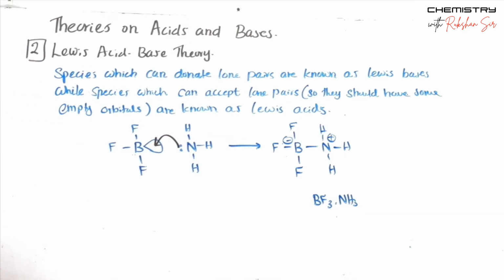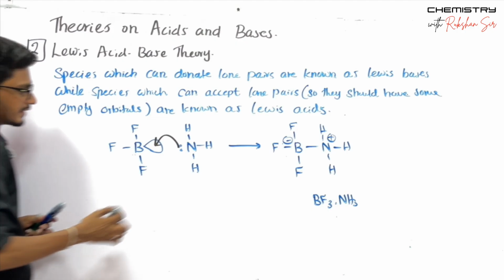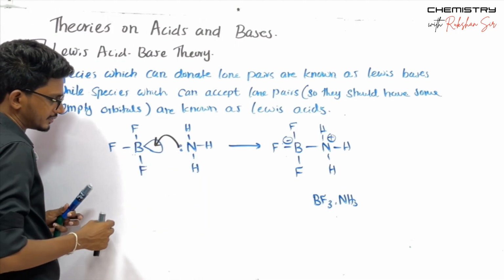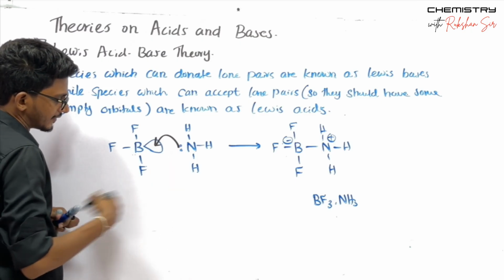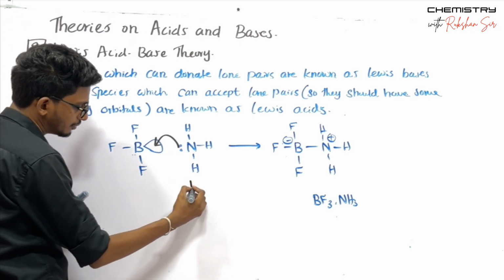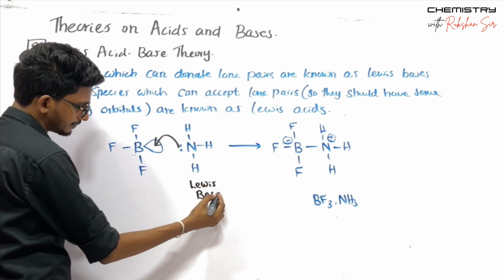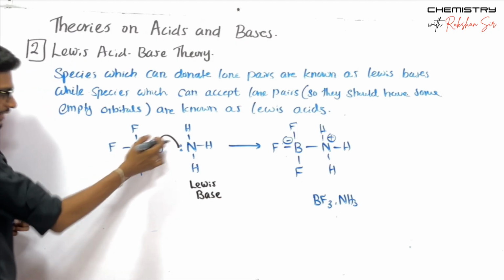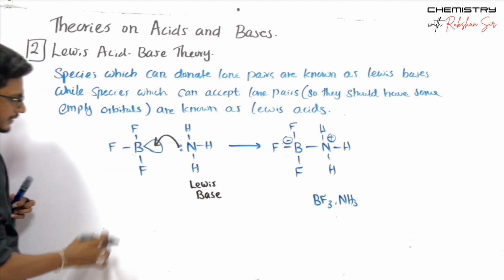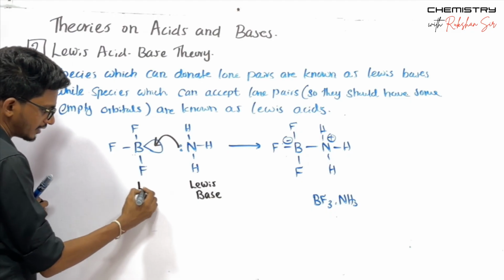In this reaction, the species which donates the lone pair, the NH3, is known as the Lewis base, and the species which accepts that lone pair is known as the Lewis acid.